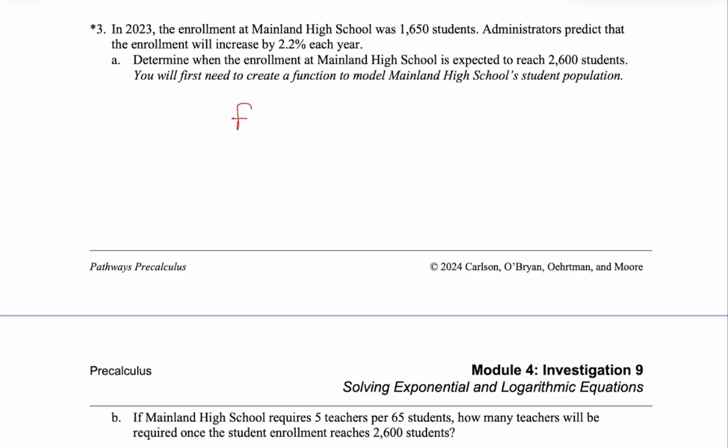We're going to use a function of time. Remember, it's always our starting value times 1 plus our rate, and then to a power of t, the basic yearly form, if they just say it increases at a rate of something per year. This only works if they say it's per year. So the starting value was 1650.